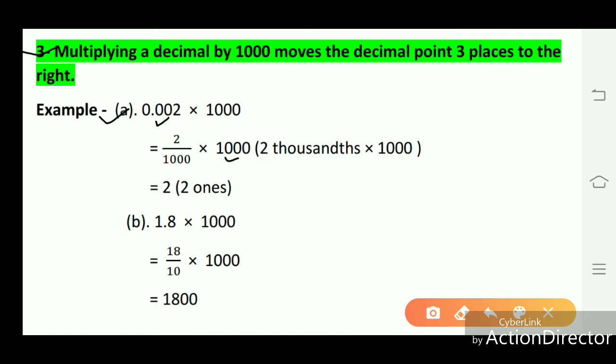So 2 thousandths multiplied by 1000. This 1000 divides this 1000 one time. So we get 2 ones, that is 2. So when we multiply 0.002 by 1000, we get the product 2. We also observe here, if we multiply any decimal number by 1000, the decimal moves to the right side by 3 places.